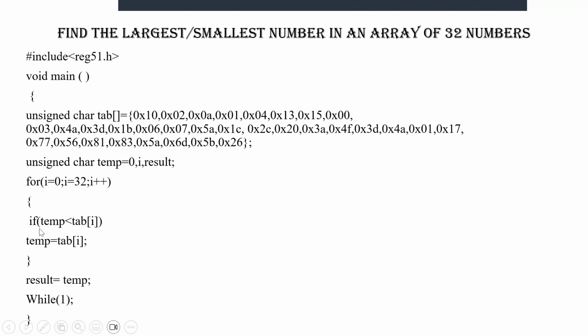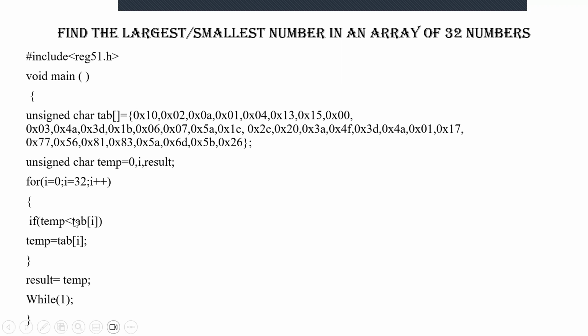Here, if temporary register is lesser than tab of i, here the temporary register is already 0. So 0 is lesser than tab of 0, which means in the tabulated value, the 0th value, that is the first value, 0x10. So 0 lesser than 10. Is it right? Yes, 0 is lesser than 10.